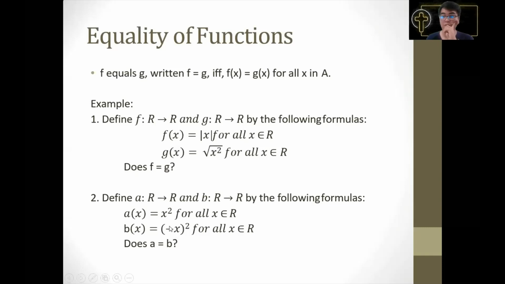If we square this one, the negative value cancels out. So A of x is still equal to B of x. So A and B are equal functions.